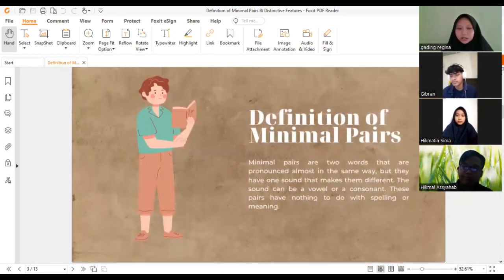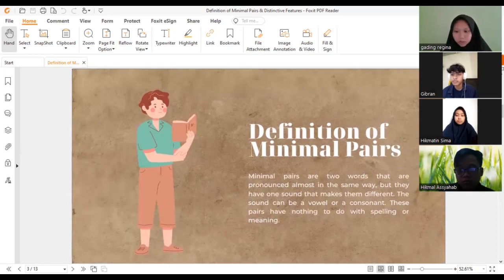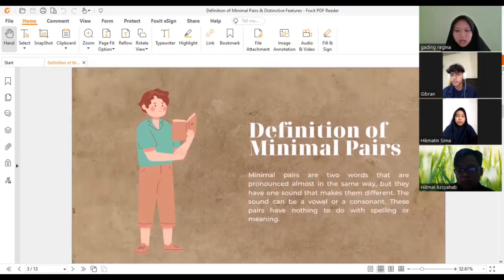Okay, I will explain about the definition of minimal pairs. Minimal pairs are two words that are pronounced almost in the same way, but they have one sound that makes them different. The sound can be a vowel or a consonant. These pairs have nothing to do with spelling or meaning.